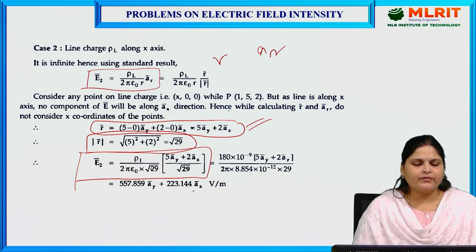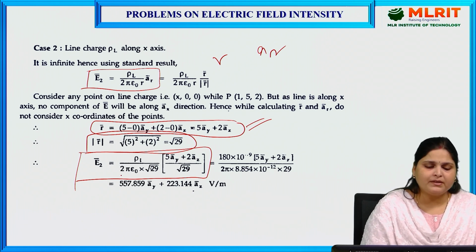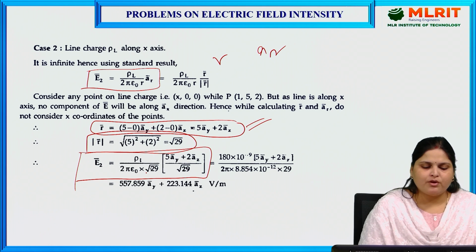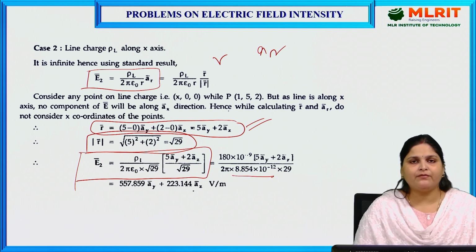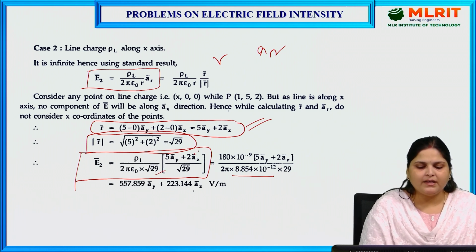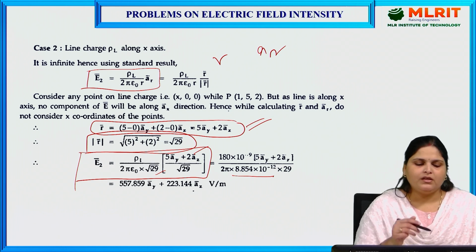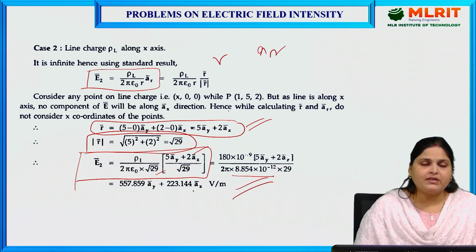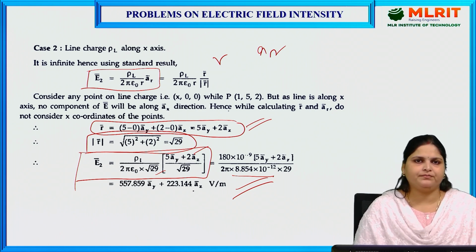Rho L we will put as 180 nanocoulomb per meter, upon 2 pi epsilon naught, where epsilon naught value is 8.854 into 10 to the power minus 12. When we put R and AR, we get 5 AY plus 2 AZ upon 29. When we solve it, we get 557.859 AY plus 229.144 AZ volt per meter.